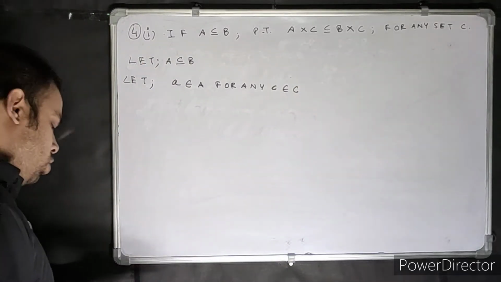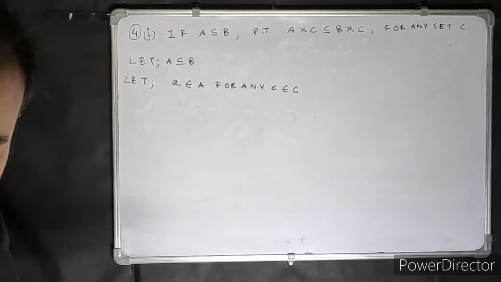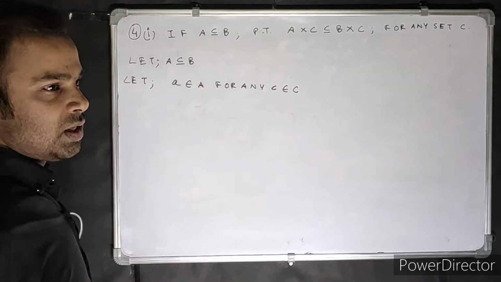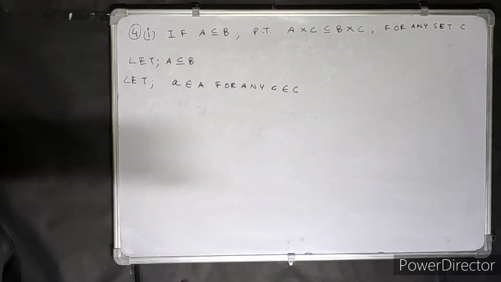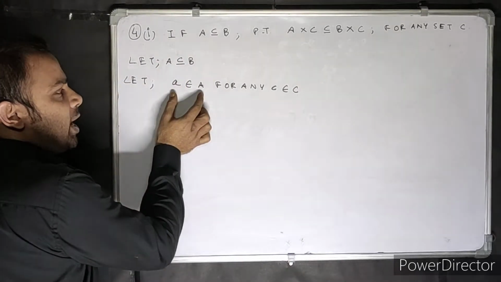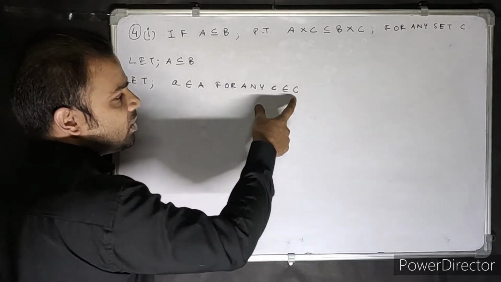You cannot know what is going to be the next step unless you know what the question is already from before. So look at it very carefully. I want to take a belongs to A for any set c belongs to C.